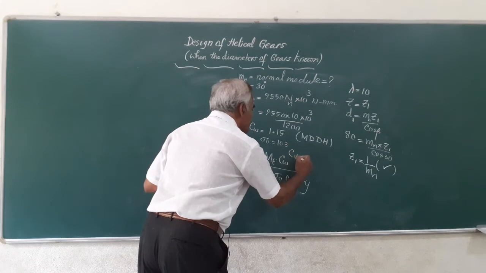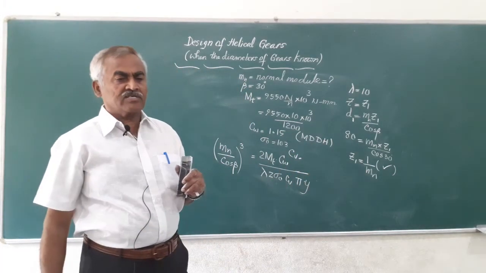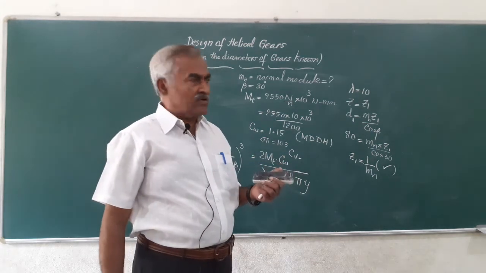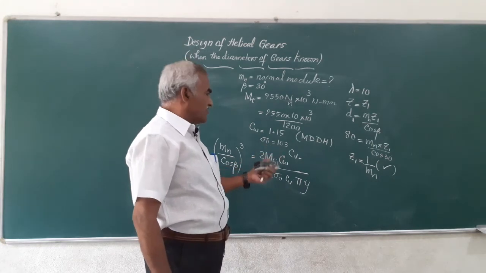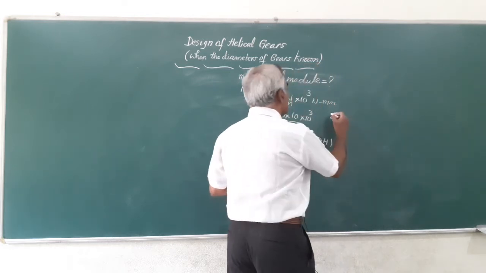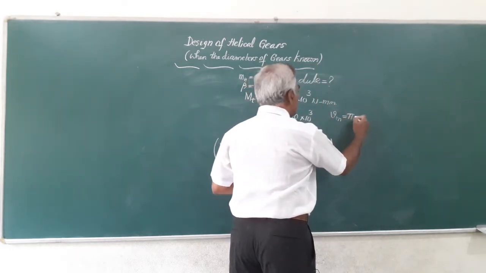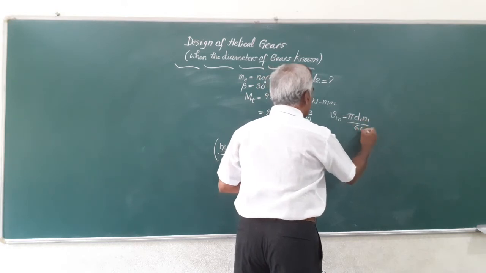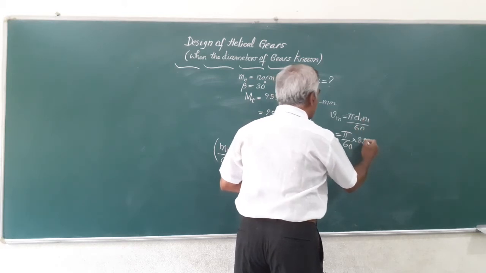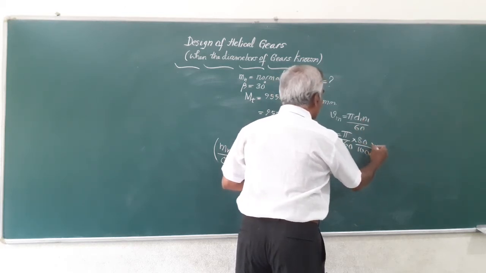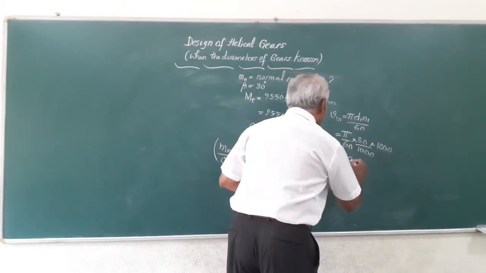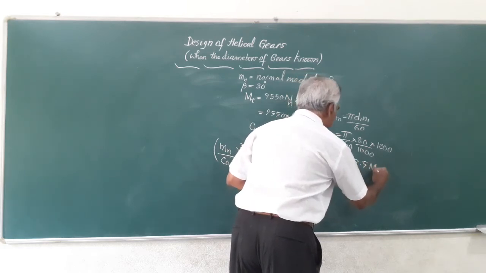Then CV is the velocity factor. Friends, whenever the diameters are known, the value of CV can be calculated because CV depends on the velocity. Here we have the velocity Vm equal to pi d1 n1 by 60, that is pi by 60 into diameter, given as 80 mm, converted to meter, multiplied by the speed. So friends, you are getting a value, say I am getting 22.5 meter per second.